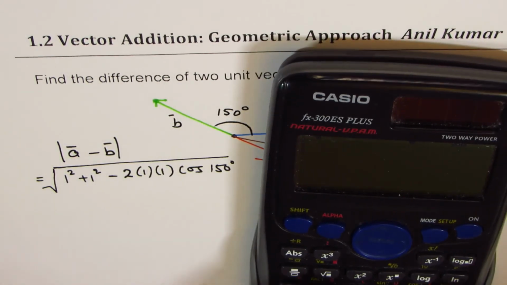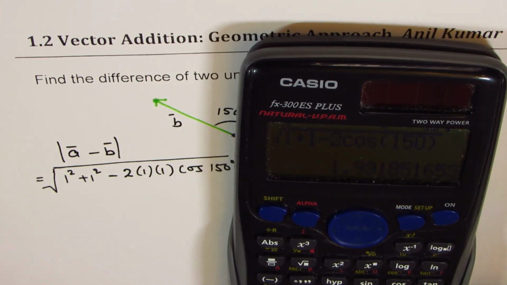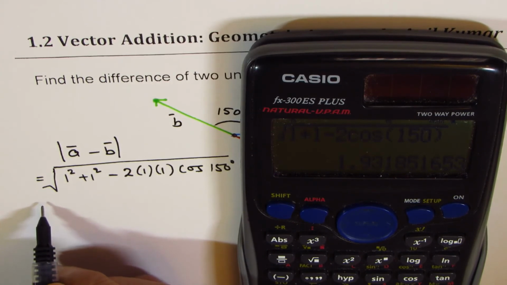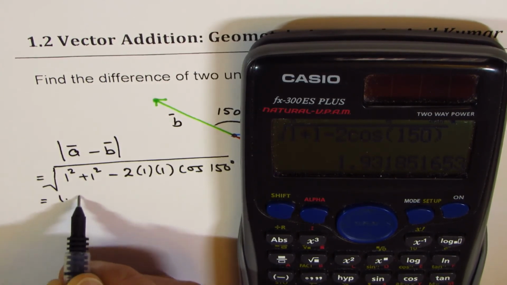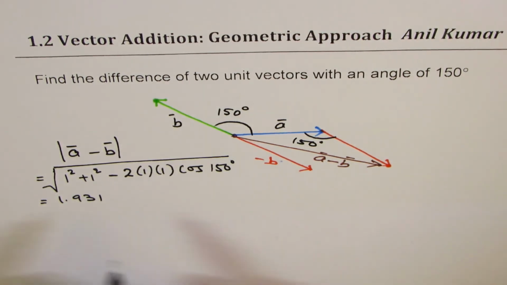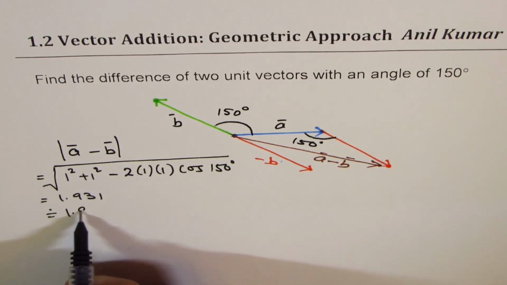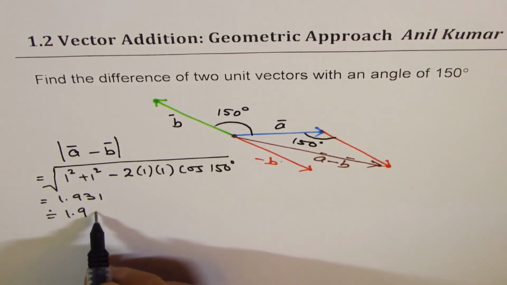It is square root of 1 plus 1 minus 2 cos of 150 degrees is equal to 1.931, right? So the magnitude of the resultant is, you can approximate this to, let us say, 1.9 units.